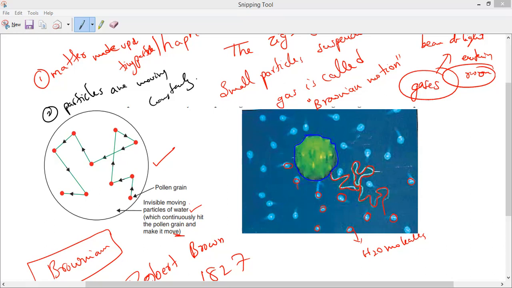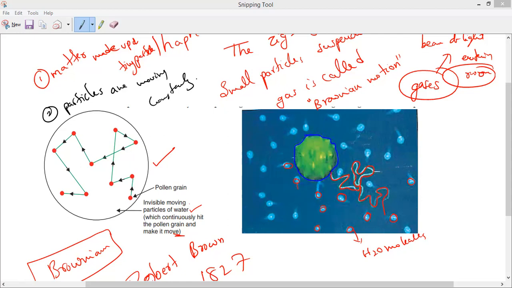Even though it is heavier than air, it is moving upwards against gravity. Why? Because they have sufficiently high kinetic energy, they will overcome the force of gravity or gravitational force.